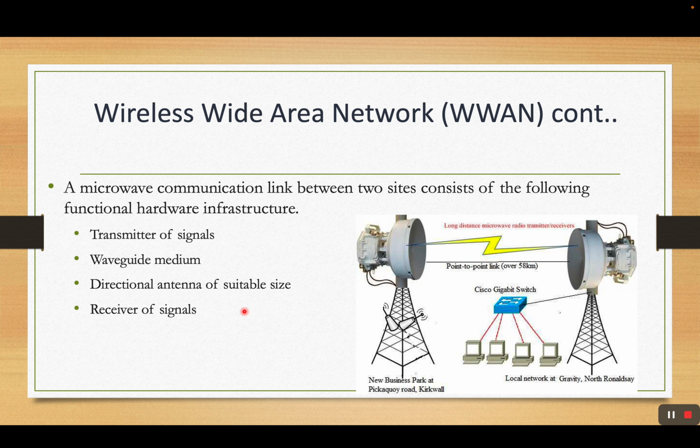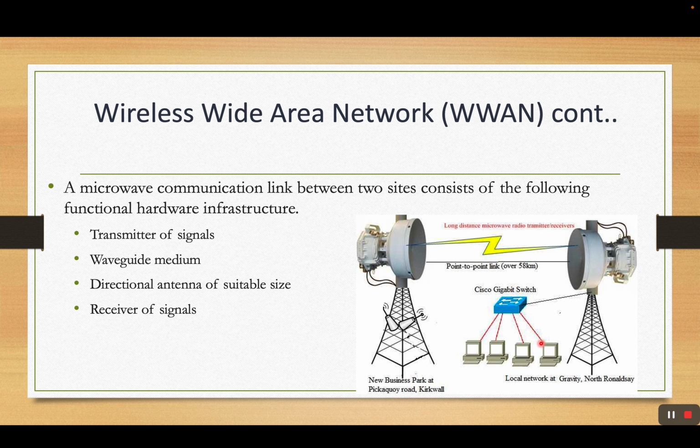Now, the receiver of the signal. Basically, this is a device that receives the microwave signal transmitted by the transmitter and converts it back into the original format. So the receiver typically amplifies and demodulates the microwave signal to extract the original information.